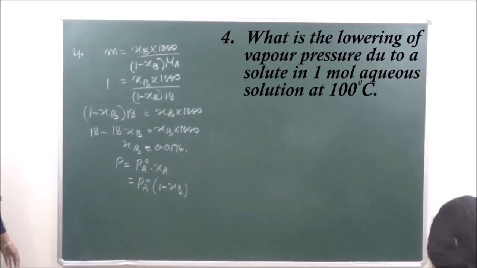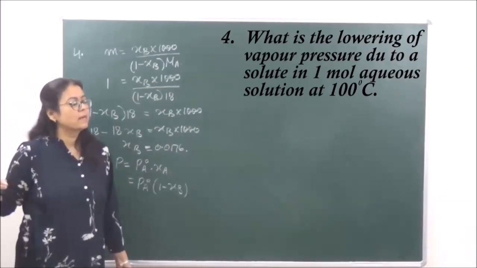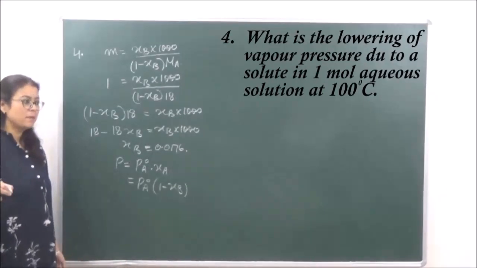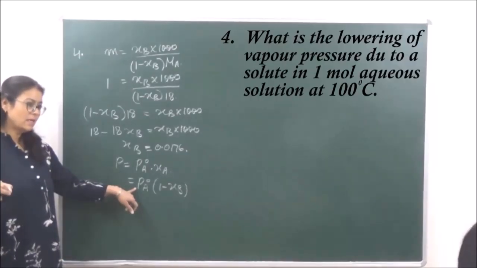Vapor pressure of water is going to be 760 mm of mercury. They have not given it to us over here, but we are taking it at STP. So vapor pressure of water will become equal to 760 mm. So you can put the value over here, 760.